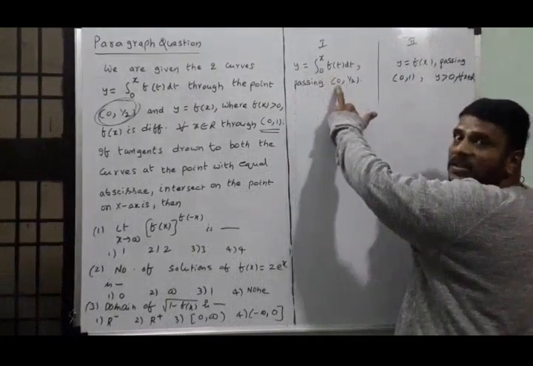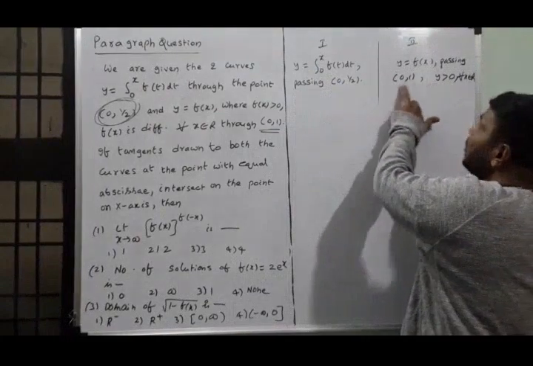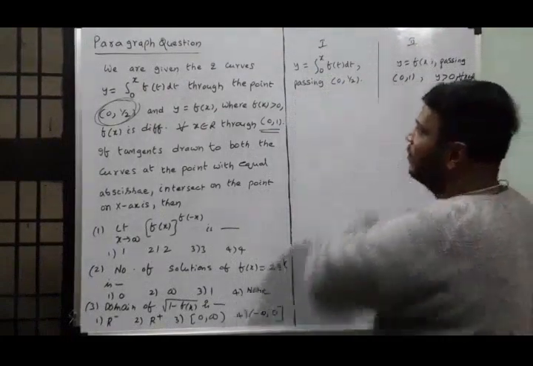The first curve passes through (0, 1/2) and the second curve passes through (0, 1).